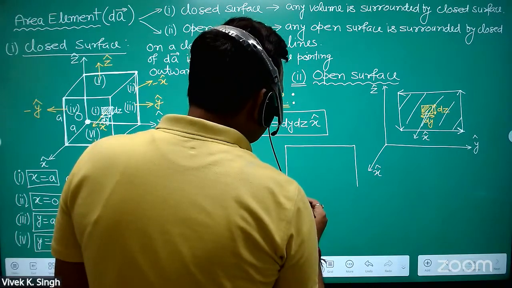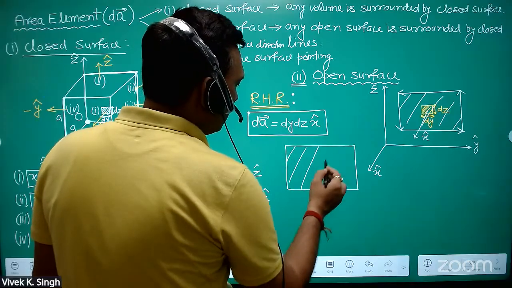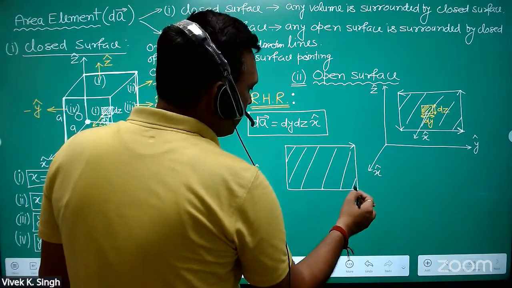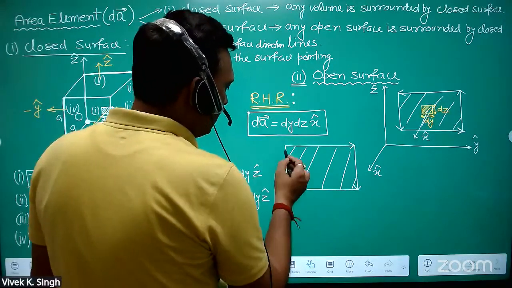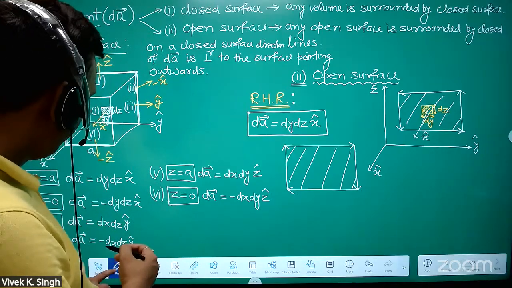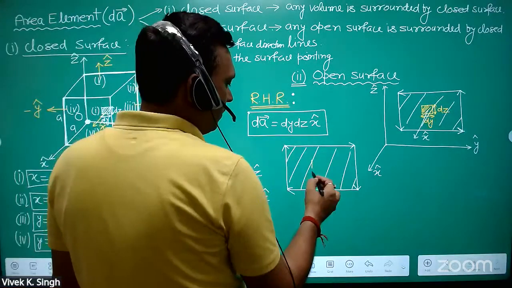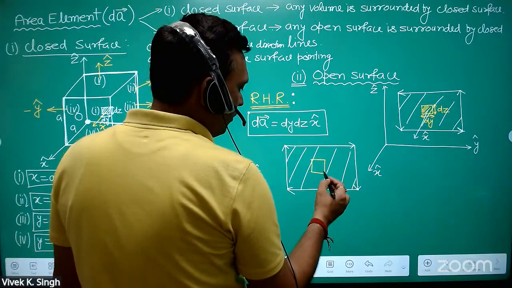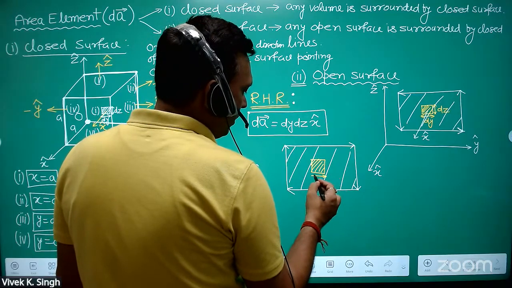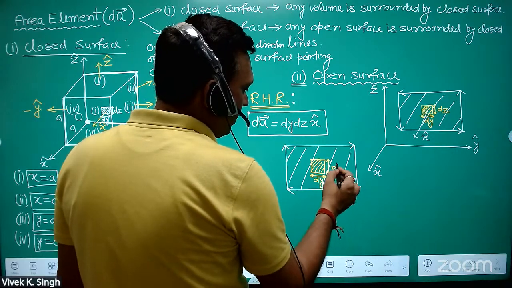Then let's say if this direction is clockwise, when it is clockwise, if you write the dA vector, the magnitude will be dy and this will be dz.